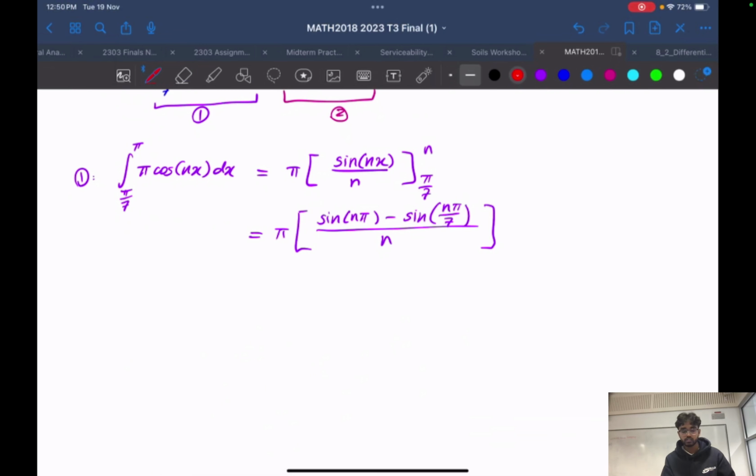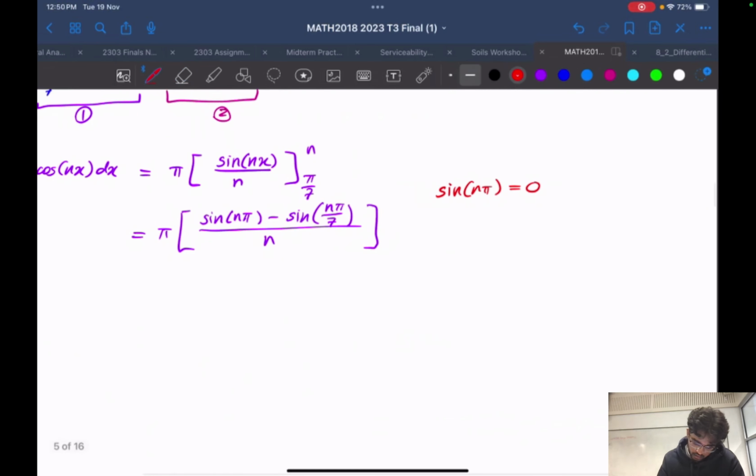And one thing to note, sine of n pi is always equal to 0 for any n value. So this is for all n within the integers.